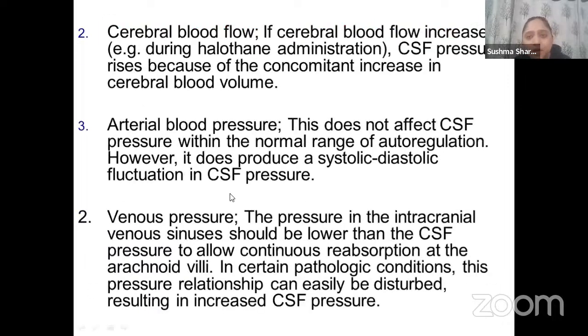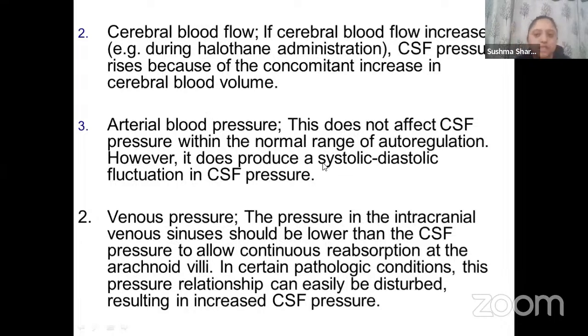Next, cerebral blood flow is again one of the factors that increases the CSF pressure because of a concomitant increase in the cerebral blood volume. Correct? It makes sense now. The more blood enters, the more the pressure increases. Arterial blood pressure does not affect the CSF as much, because within the normal range there is autoregulation.